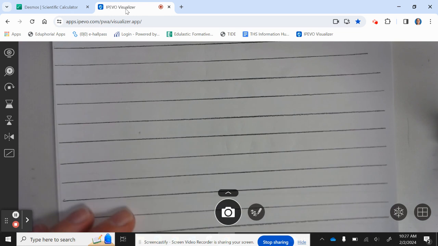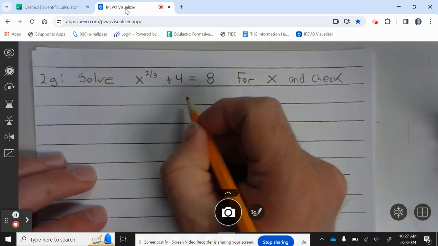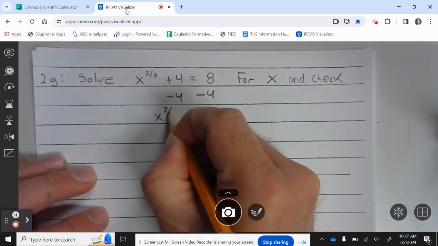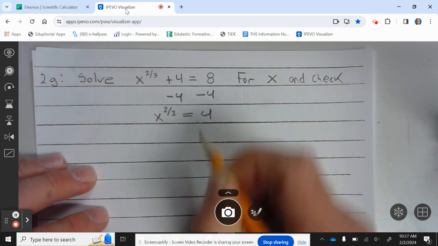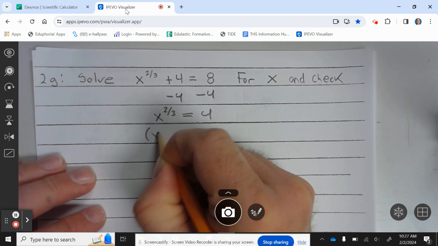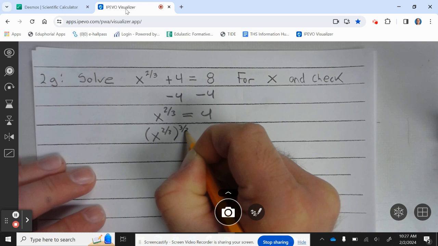All right, let's take a look at 2g. Solve the equation for x and check. So we're going to subtract 4 from both sides. You get x to the 2/3 power equals 4. Now we need to raise both sides to the 3 divided by 2.